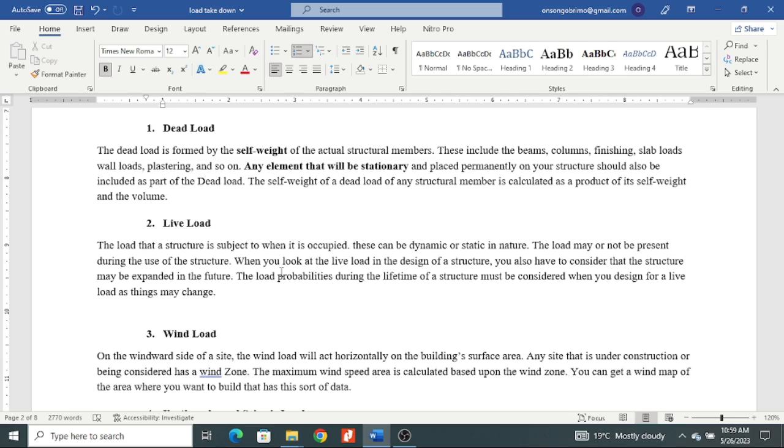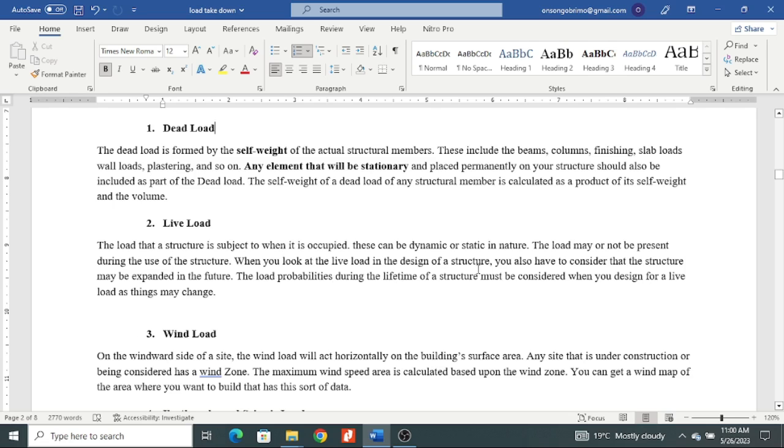Static loads are those that once they have been placed, are not easily moved. For instance, if you have a bedroom, it must have a bed. So that bed is a live load that is static in nature, because you can carry the bed and move it from the room, but in most cases it will be resting in that room, but it is a live load because you can remove it and bring it back.